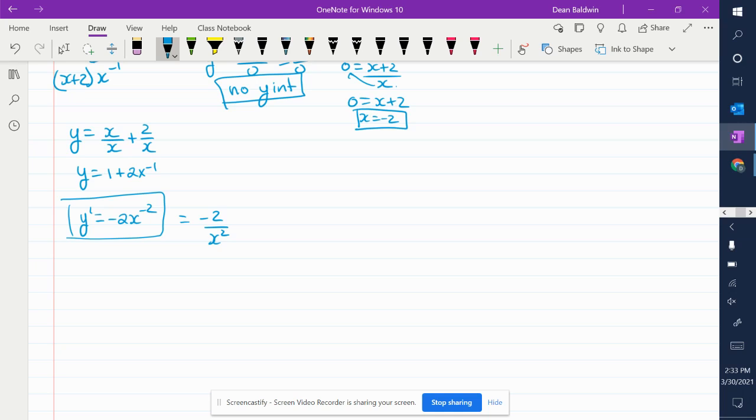Now, he talked about critical numbers today, right? What is a critical number? What does it do to the derivative, though? 0 or infinite or undefined. Okay, so critical numbers occur when f prime of x is 0 or undefined.